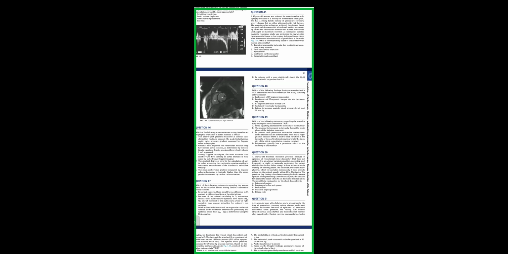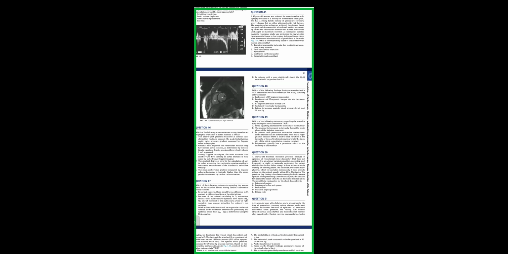So your QP to QS, the pulmonary to systemic flow, should be less than 1 when you have a pure right to left shunt. Should not be greater than 1. It's greater than 1 when you have a left to right shunt. So D is false.